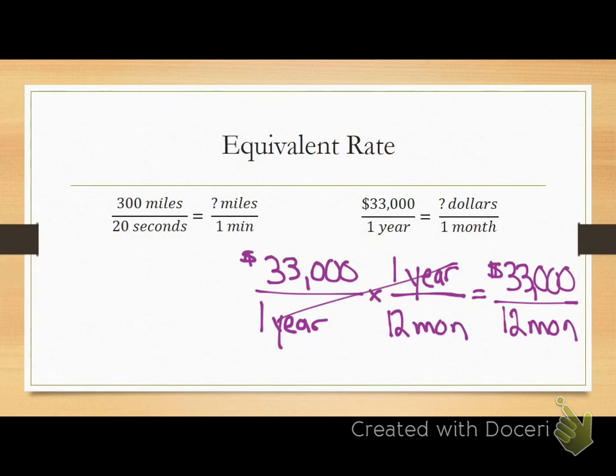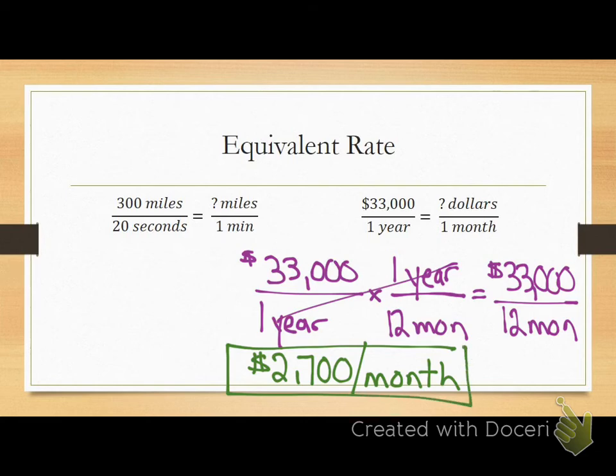And I get how much? $2,700 per month. I'll just write it this way because I don't have room. Per month. Okay? So sometimes, guys, after you do the conversion, you then have to find the unit rate.